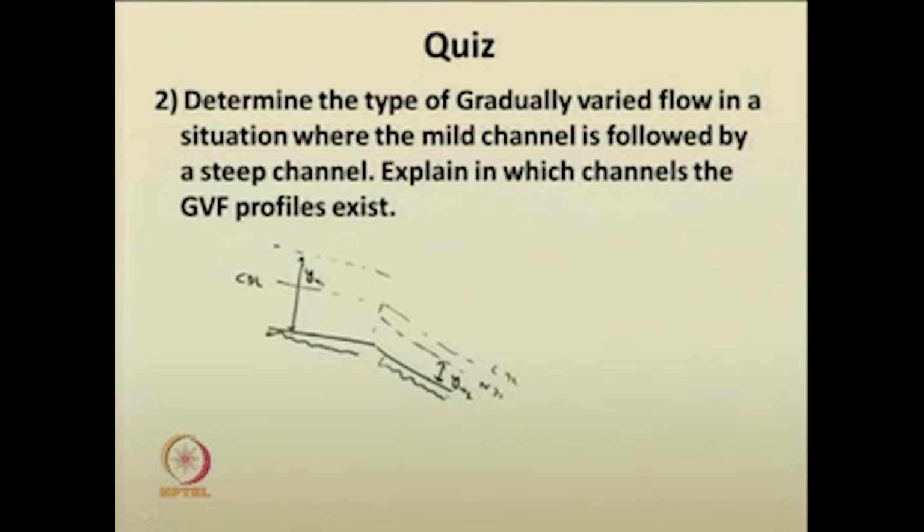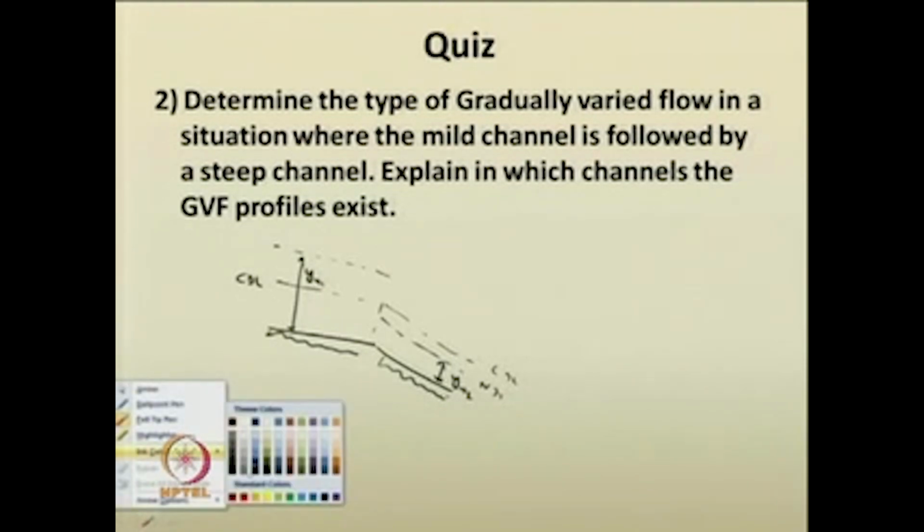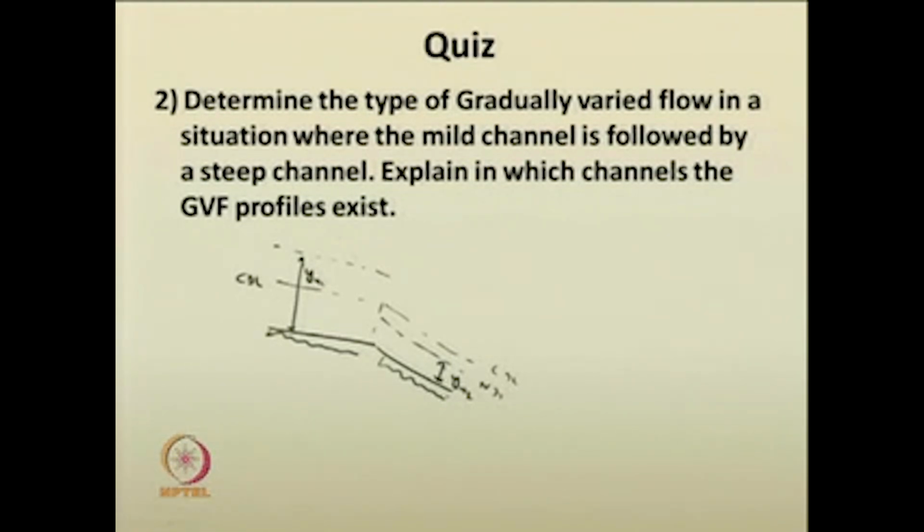So, according to the theory, the only possible curve is an M2 curve in channel 1 up to this junction and an S2 curve in channel 2. So, M2 in channel 1, S2 in channel 2. These are the only flow profiles that exist.